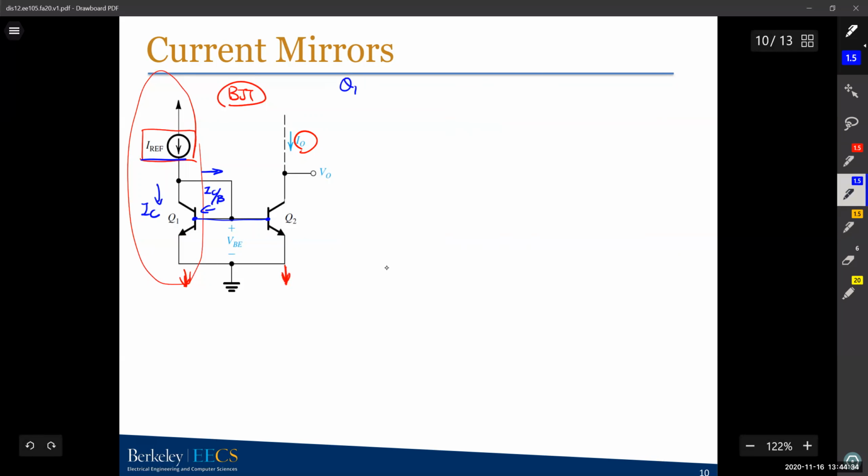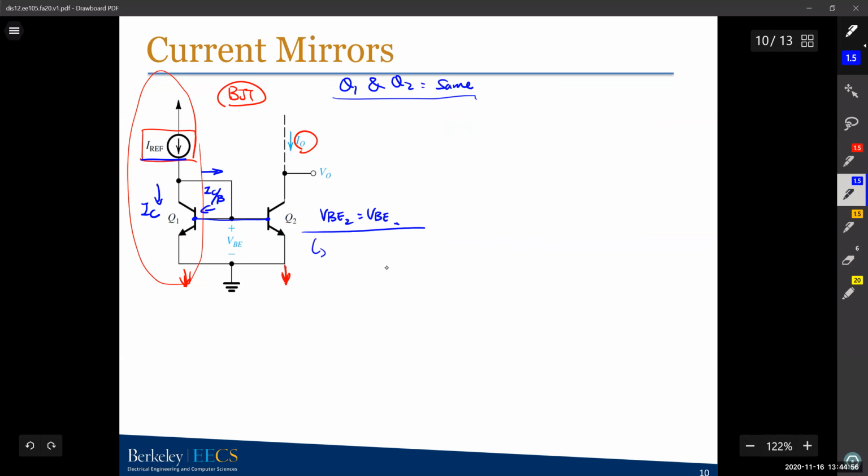If we say Q1 and Q2 are the same, their bases are connected, and their emitters are all to the ground, that means the VBE for device 2 equals the VBE for device 1, and they are the same.